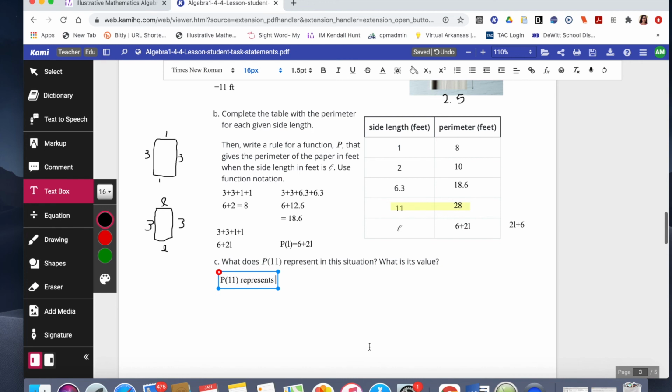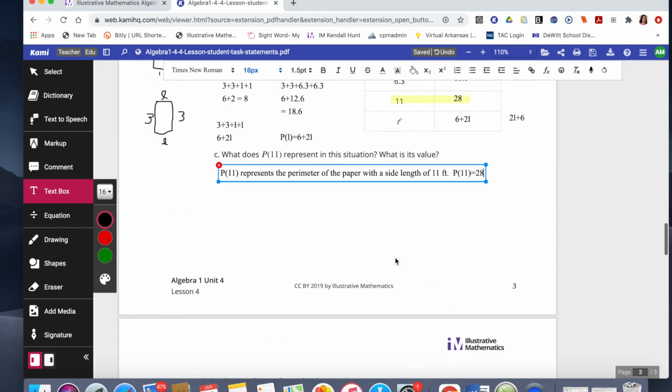Or you could say it represents the perimeter of the paper with a side length of 11. This would be feet. Okay, then it says, what is its value? Well, P of 11, the output there would equal 28. So P of 11 equals 28.